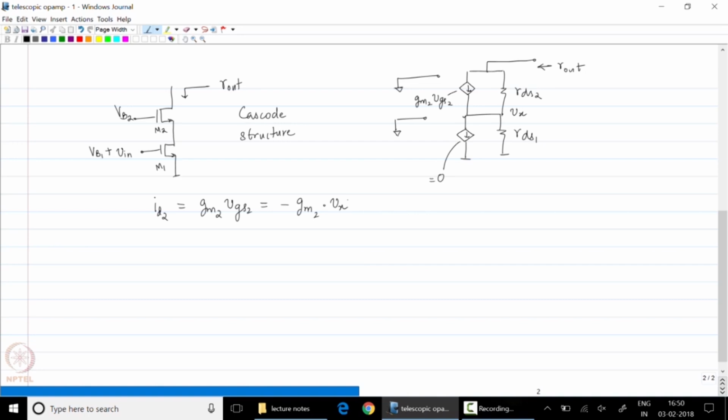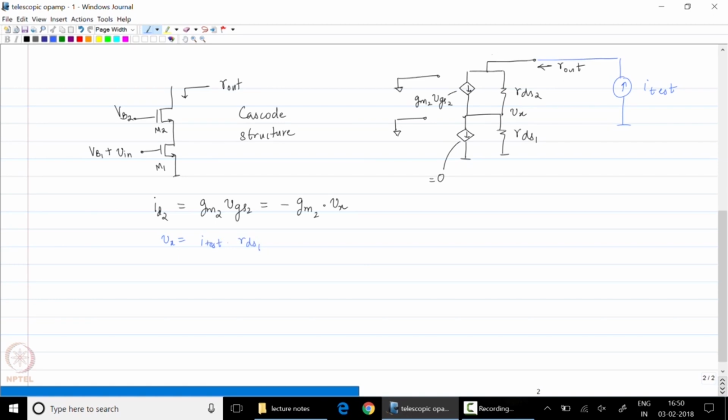Now we want to find out the overall output resistance of the structure. Let us say we excite it with a test current source, I test. So the total current flowing into the circuit is I test, and therefore the value of Vx is equal to I test times RDS1.